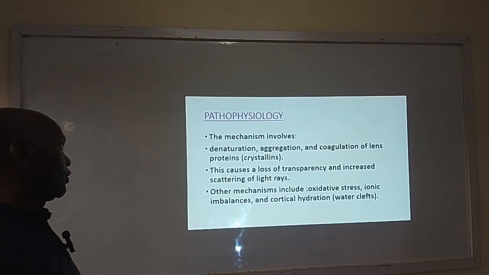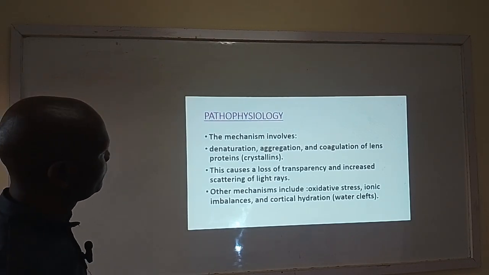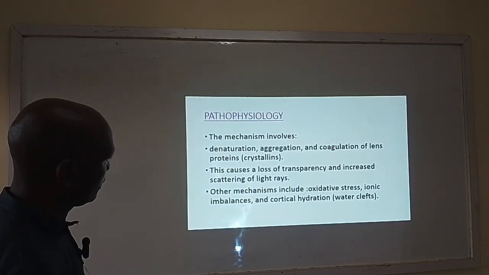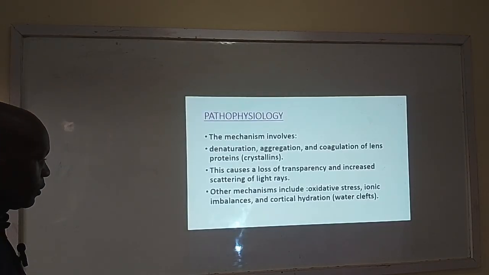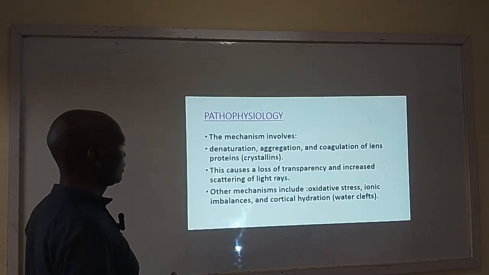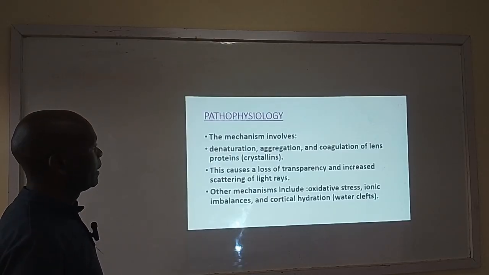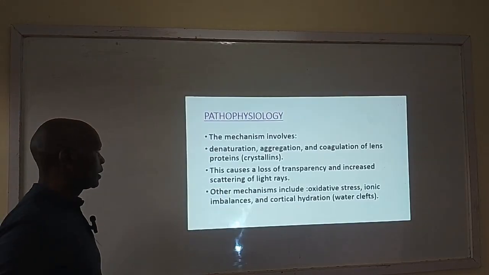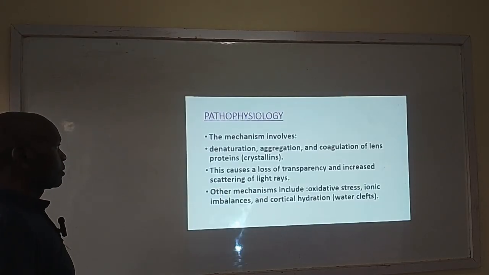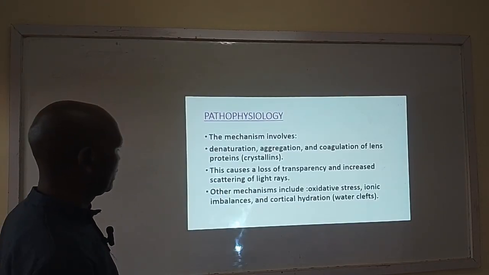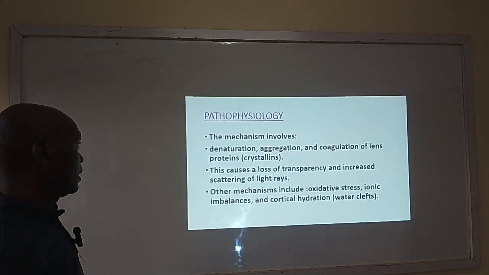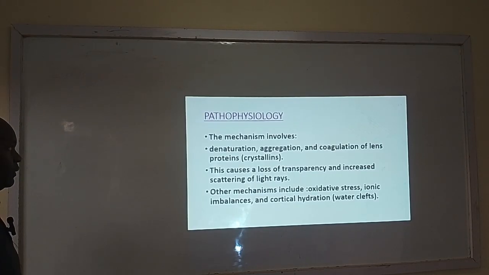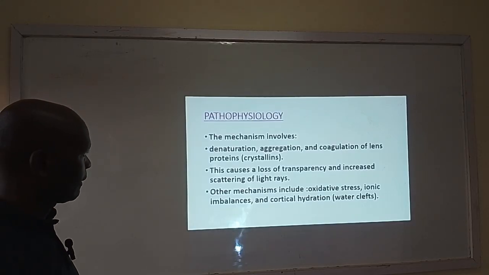So pathophysiology. Pathophysiology is just the changes in functional and structural functions of an organism due to a disease. So how do those structural or functional changes come about in cataracts? We have a number of mechanisms that lead to cataracts.